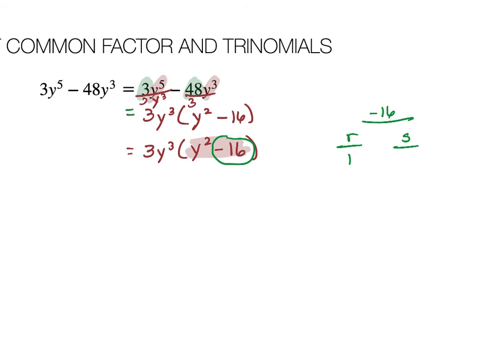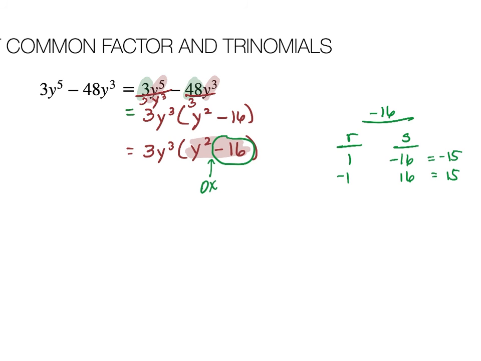So it could be a 1 times -16, -1 times +16, but their sums don't even come close to nothing because there is no b term. This is 0 b's or 0 x's in the middle. So we got to have them add up to nothing.